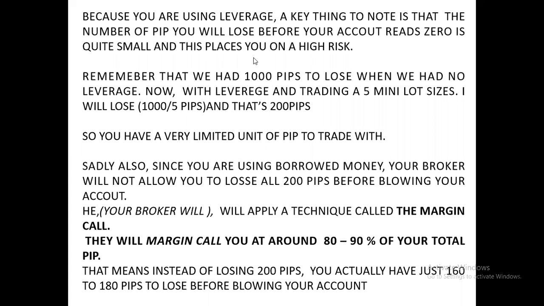Because the forex broker is giving me 50,000 US dollars, which automatically places me on the mini lot, and it is 5 mini lots, and I have $5 per pip, I will now have a value of 1,000 divided by 5. And that gives me 200 pips.